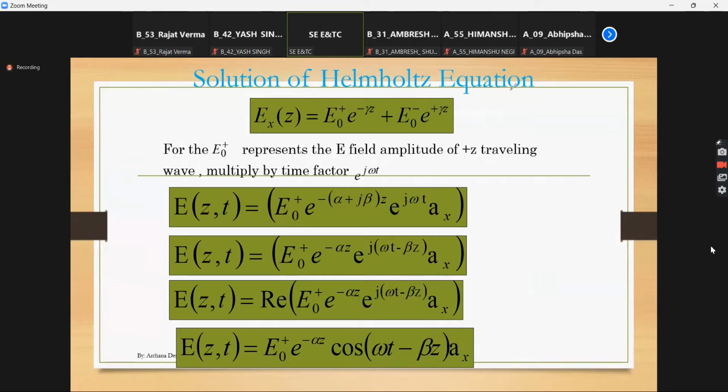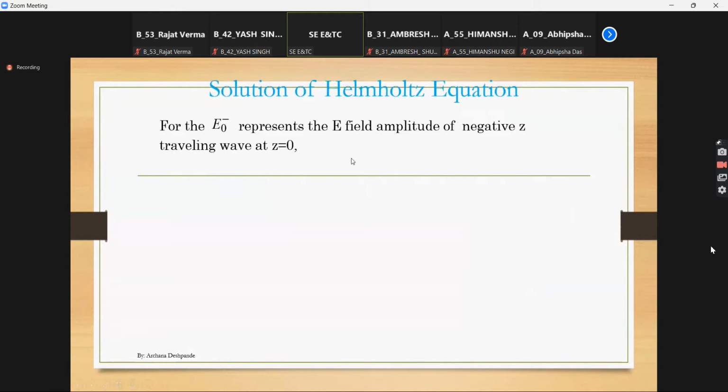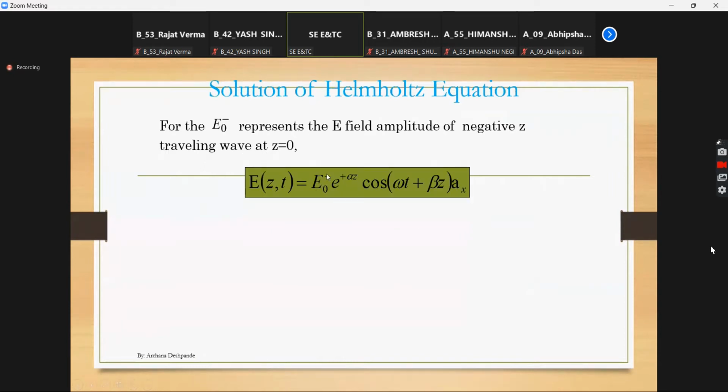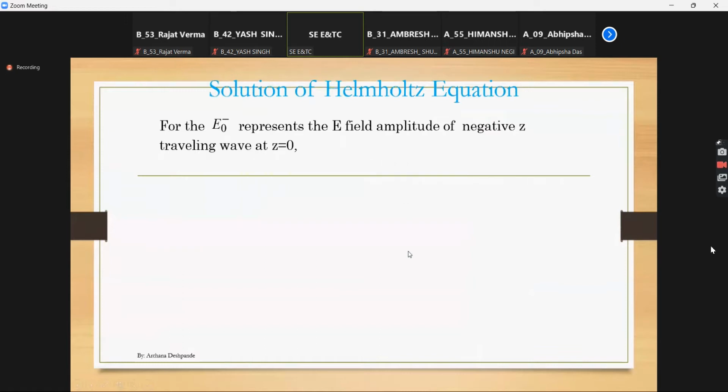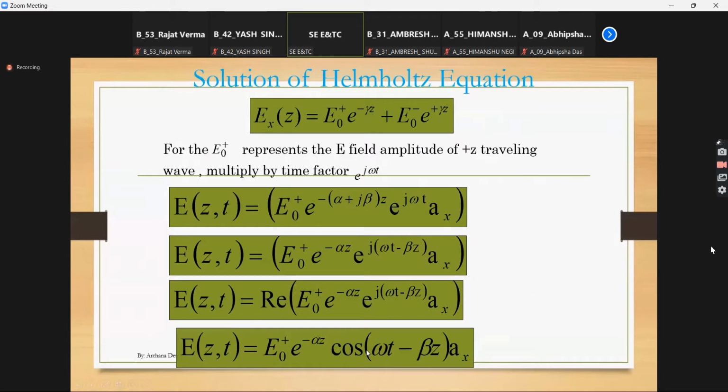In the similar way, electric field of reflected wave. So E0 minus represents the electric field amplitude in the negative z direction. Okay, so same जो लिखा है ना, जो मैंने लिखा है, this was for incident wave. ये जो अगर प्लस करती हूँ, because यहाँ पे प्लस है, देखो, this sign is plus.